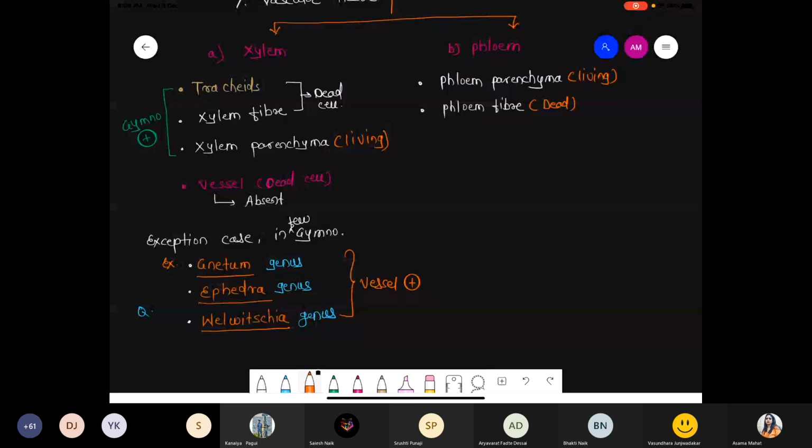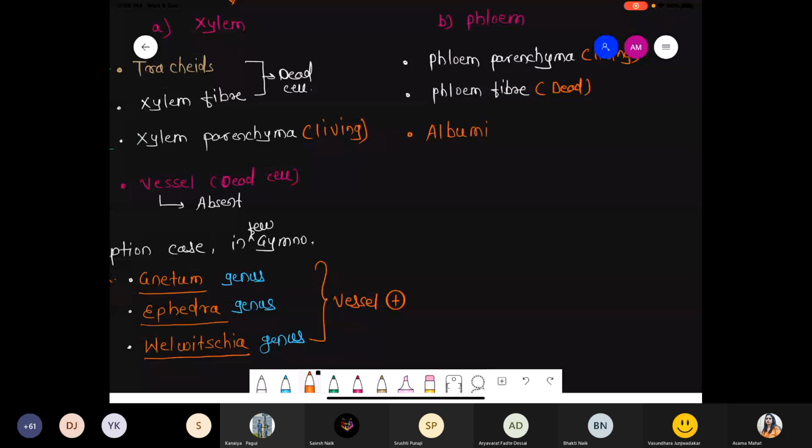Again, both these are the living cells. So definitely, whenever we are talking about the phloem under the gymnospermic category, yes, there is a presence of the phloem parenchyma, phloem fiber also present, albuminous cell also present, as well as the sieve cell also present.